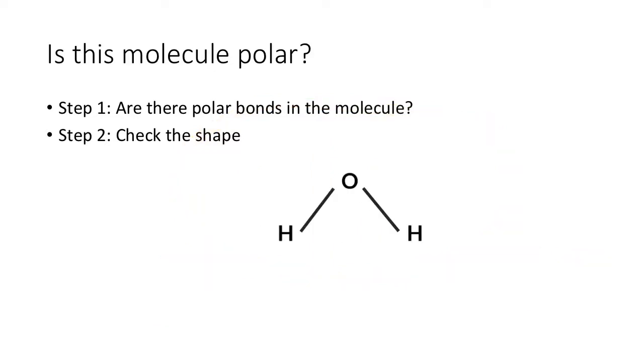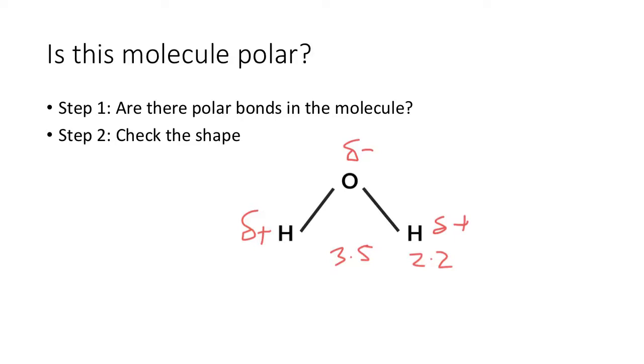This time we'll look at water, a 3-atom molecule, and if we think about the electronegativity values, we can answer our first question: are the bonds in the molecule polar? Yes, they are. Oxygen will be slightly negative, hydrogen slightly positive. Now we think about the shape. Is there a charge difference across the whole molecule, a permanent dipole across the whole molecule?